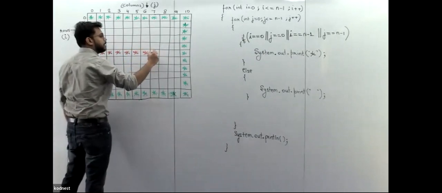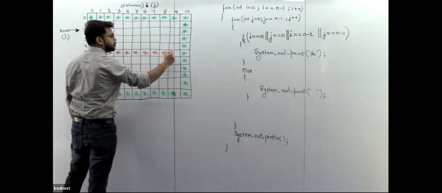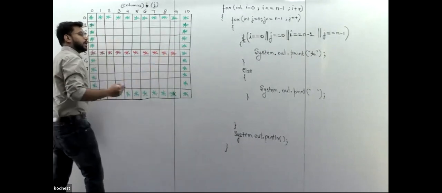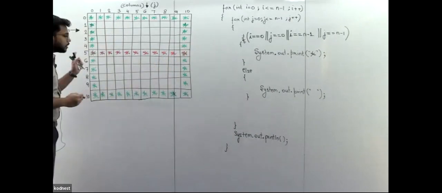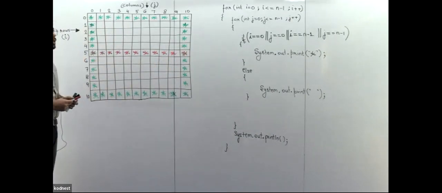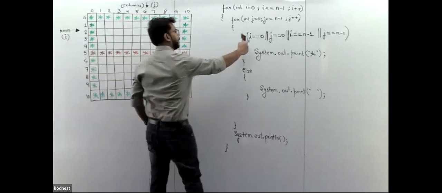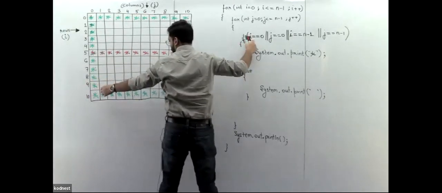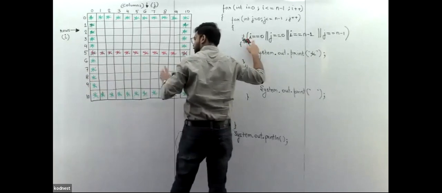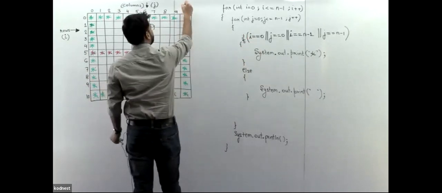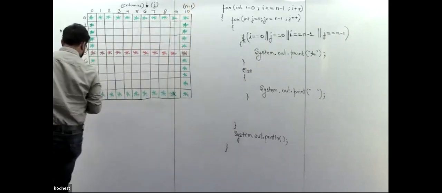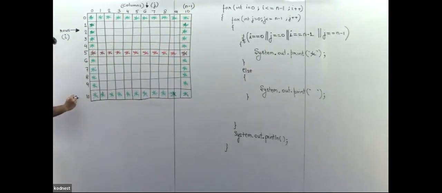Wherever I was printing, I have to print there also, but now I have to print here also with that. If this is the condition, then I value is 0 coming. I value is n minus 1, that is also there. And now for your reference, I will tell this is n minus 1. This is also n minus 1.